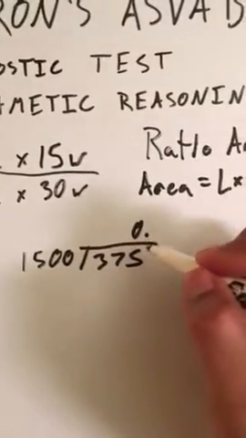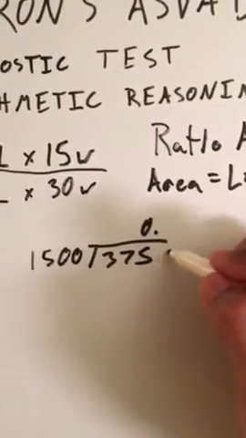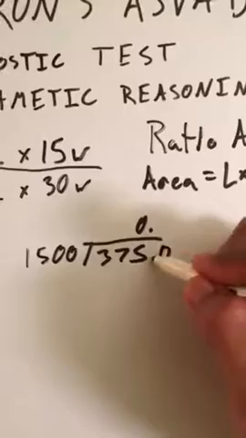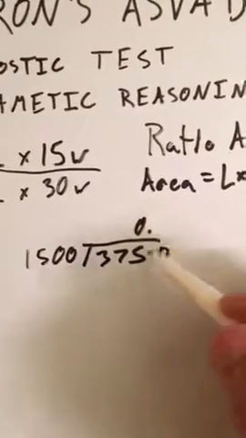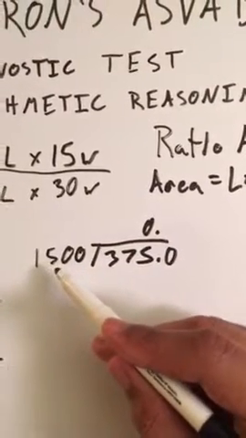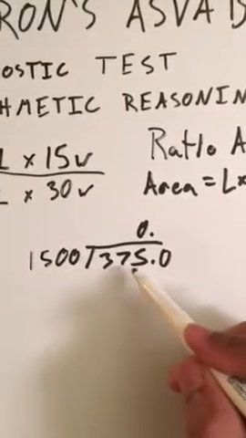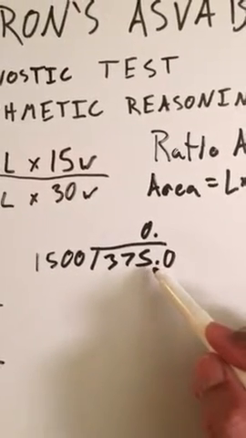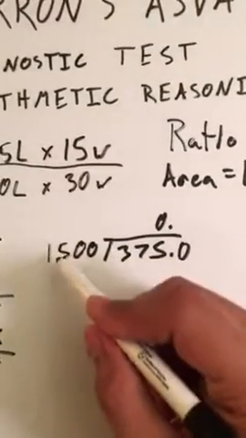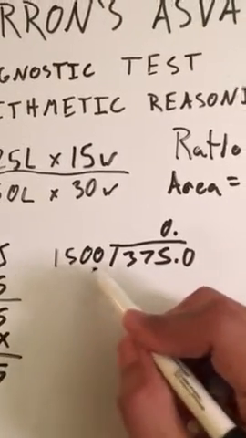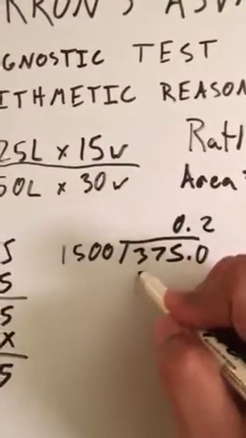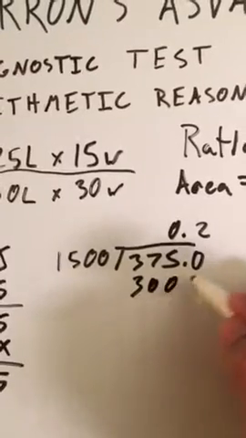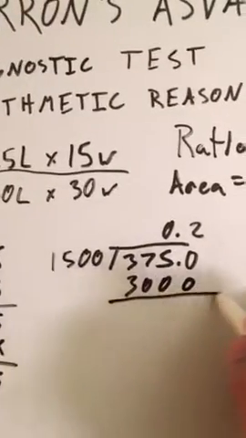Okay, so now we have, it doesn't go into it once, so we add a 0 at the end, put the decimal point there, and then how many times does 1,500 go into 3,750? Well, we know 1,500 times 2 equals 3,000, the same way 15 times 2 equals 30.